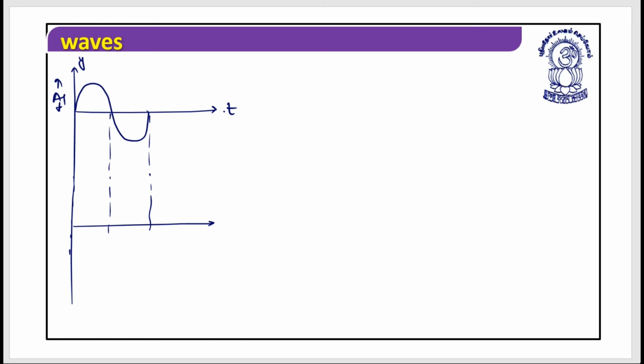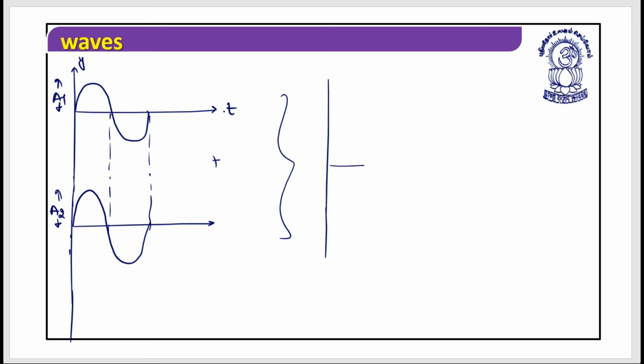Let's say this is the A2, the second wave, and suppose I superpose these two. The resulting wave would be something like this.